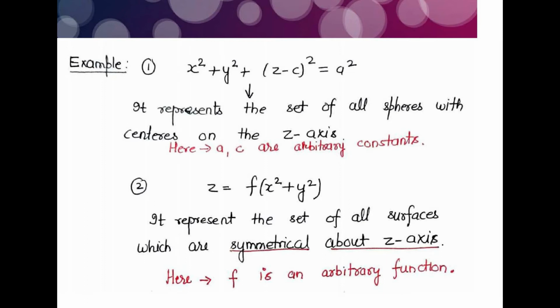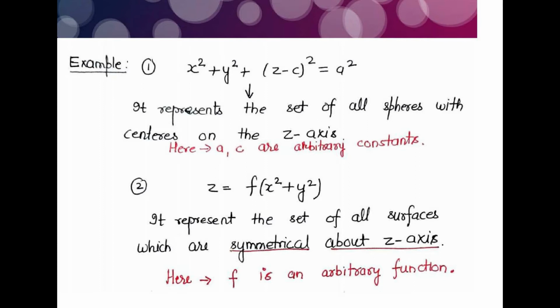Now I will discuss some examples: equations of some surfaces, some specific or in general. Consider example 1: x square plus y square plus z minus c whole square equal to a square. It represents the set of all spheres with centers on the z-axis and radius a.